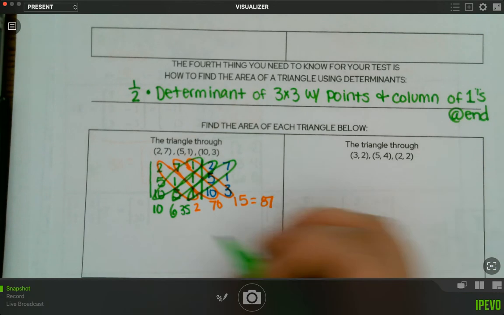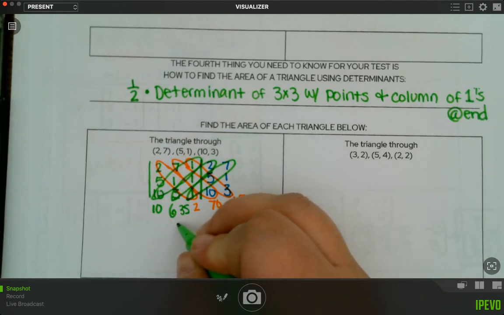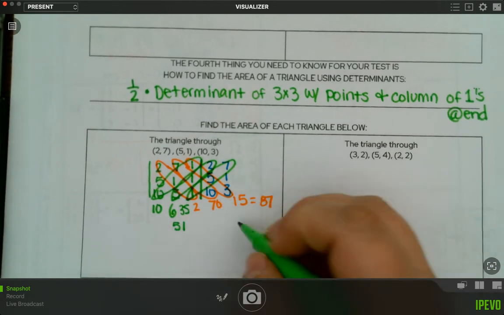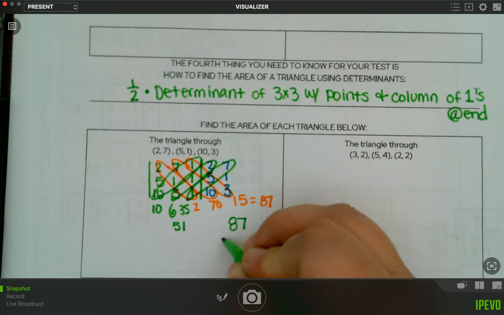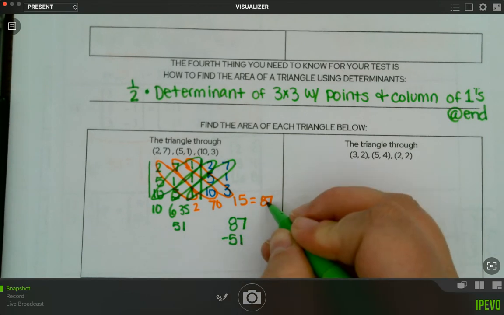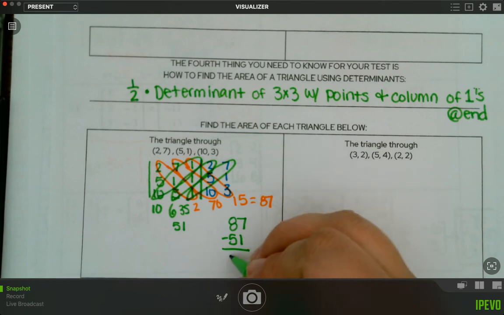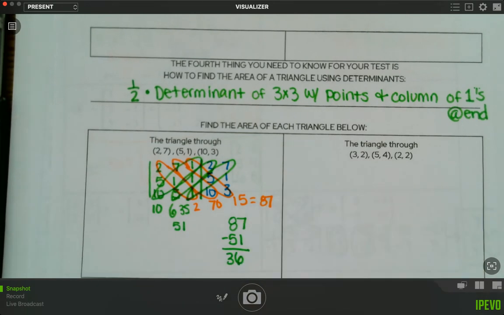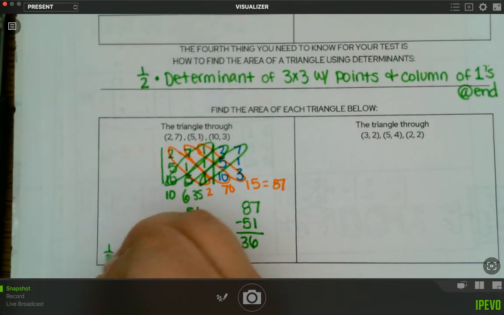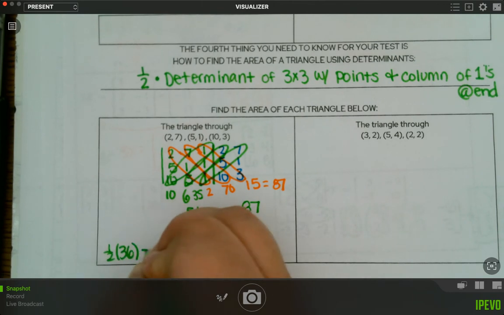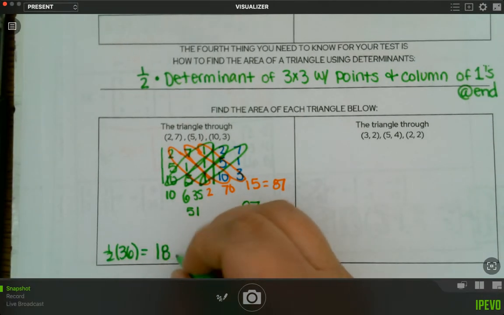Add those all up, that's 51. And you subtract your answers. The right one minus the left one, that's 36. So the area would be 1/2 of 36, which is 18 units squared.